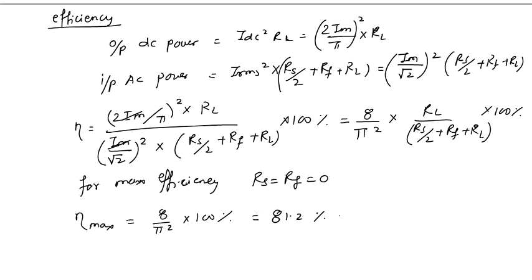So the efficiency of the full wave rectifier is double that of the half wave rectifier. In the full wave rectifier, 80% of the input power is obtained at the output.